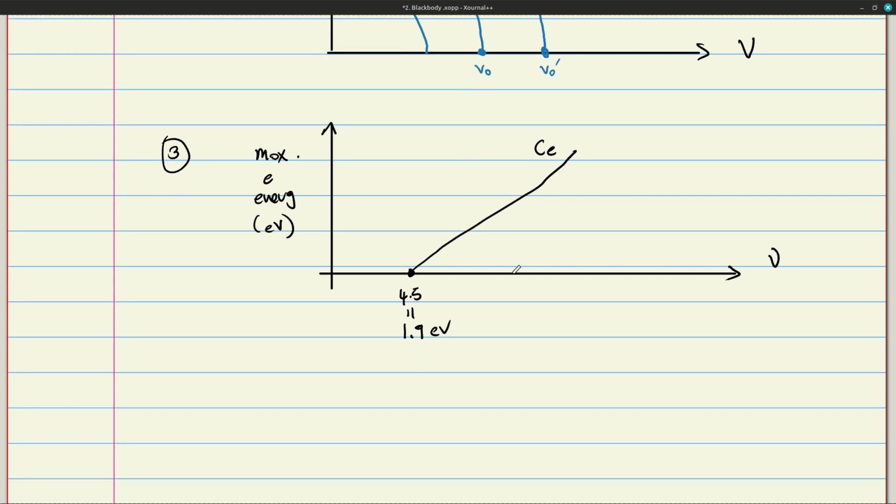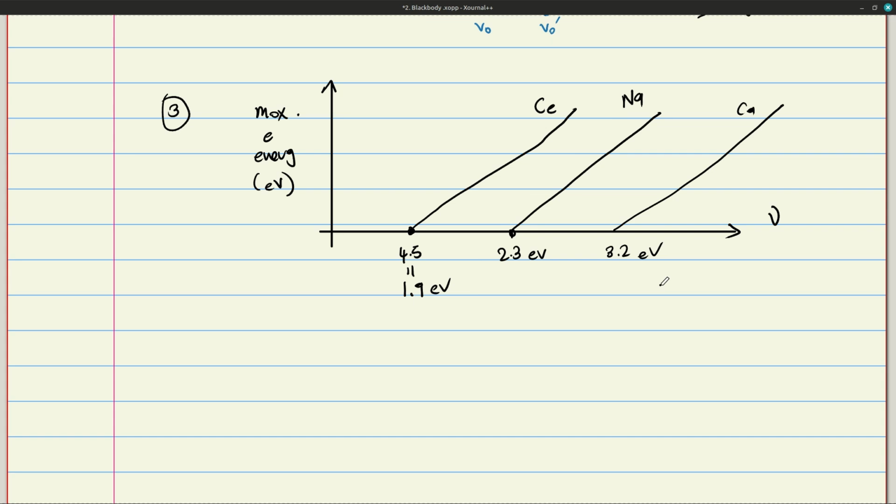It's exactly the same but shifted. So this is sodium, and here is 2.3 eV. And let me give one more example. For calcium, another metal, this is 3.2 eV. Okay.